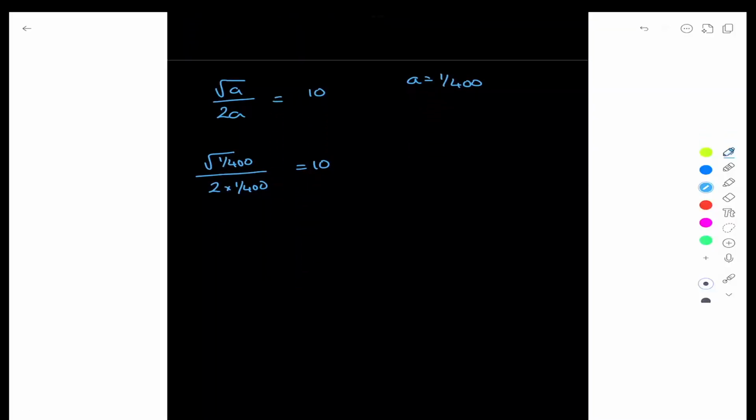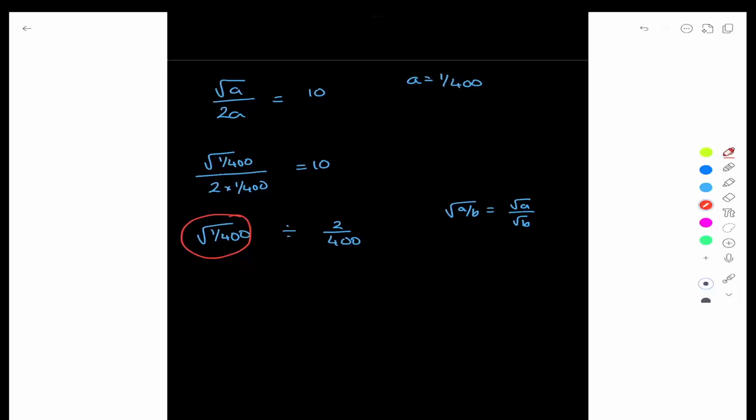Okay, so my numerator is just root 1 on 400, and I'll write this out as a divide. And we have 2 times 1 on 400, which would just be 2 on 400. So remember, if you've got square root of a fraction, you can just split that up into root the numerator, root the denominator.